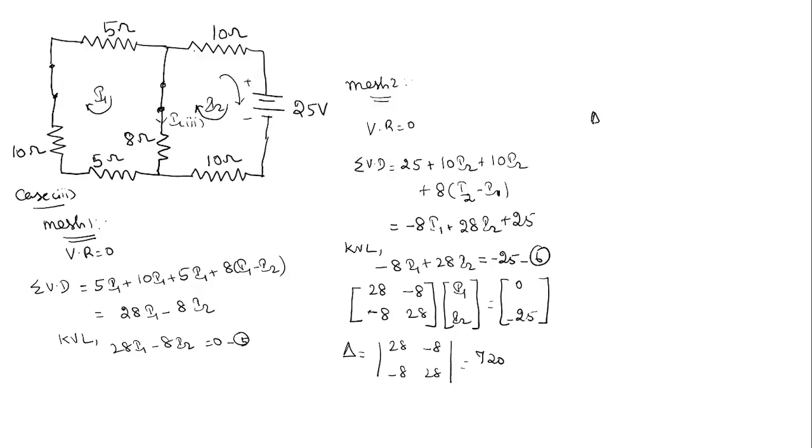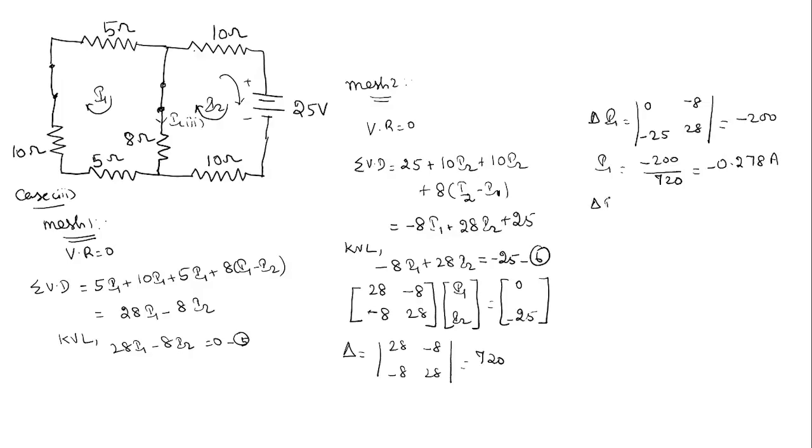Now we'll find delta I1. For finding delta I1, replace the first column with the right hand side matrix. So minus 8, 28. On simplification, delta I1 will be equal to minus 200. So now I1 is equal to delta I1 divided by delta, so minus 200 divided by 720, which will be equal to minus 0.278 ampere.